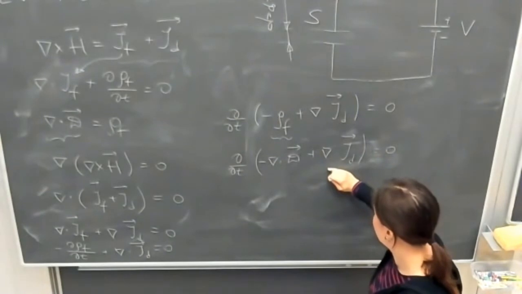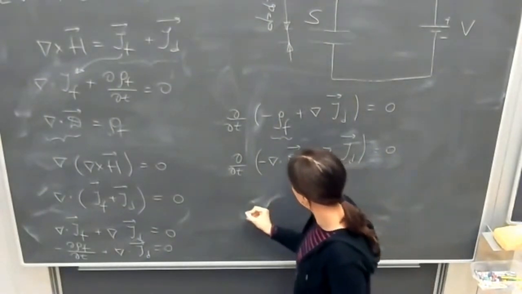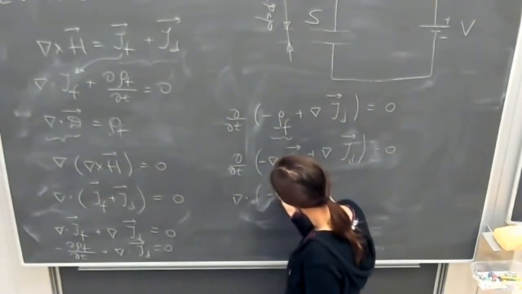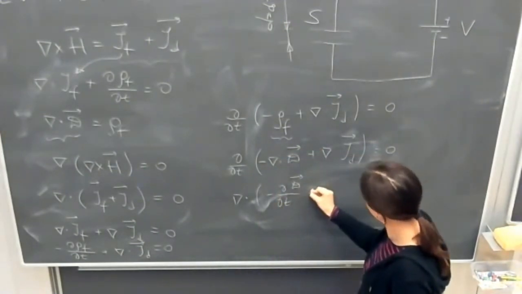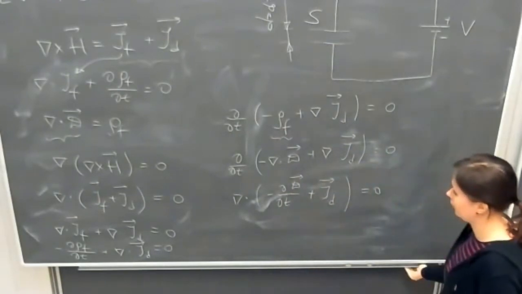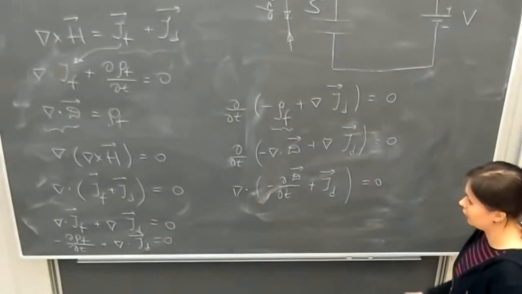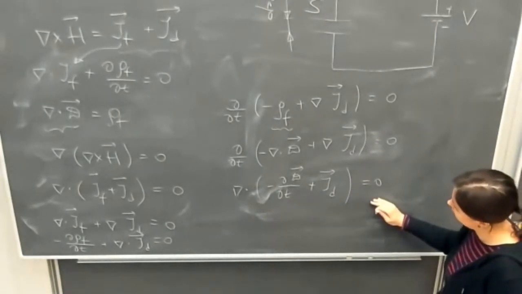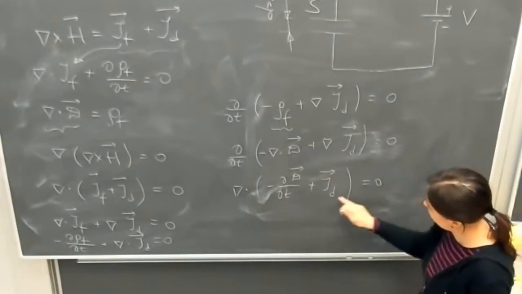Now we can take the divergence out of the bracket again and bring this in, so that the divergence of this part is 0, and this part must be equal to this.